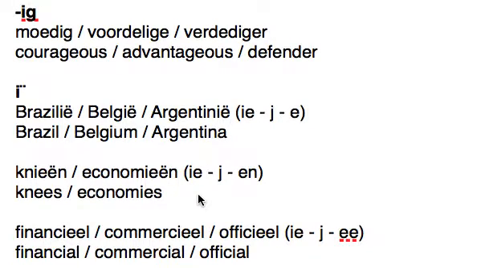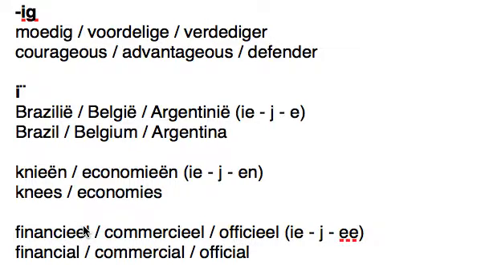Now, if there is no double dot, as in financieel, we're going to have the same pronunciation as here, Brazilië, financieel. And that is because there's a double E here, and it is already clear that it should be pronounced as IE in Dutch, and that's why we don't put a double dot.